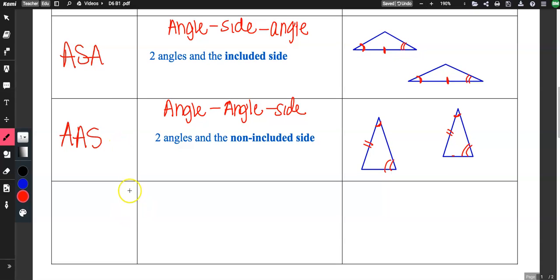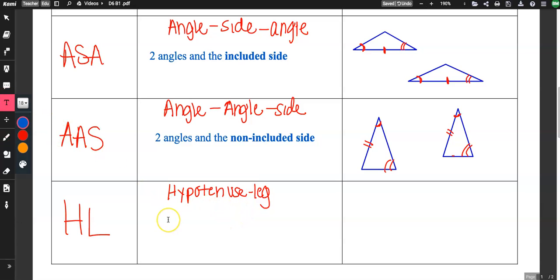And then our last one is a little bit more specific than these guys. It's called hypotenuse leg. So that tells me right away I'm looking at a right triangle instead of just any angled triangle.